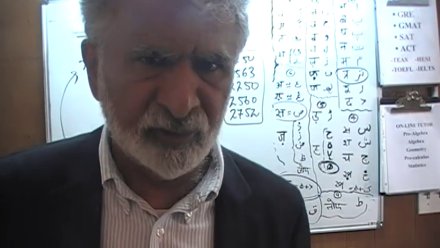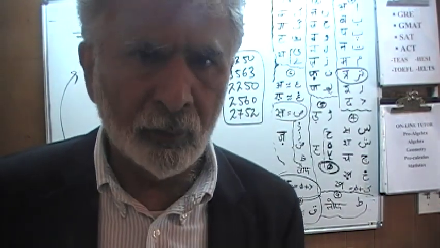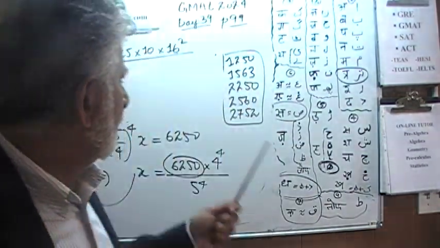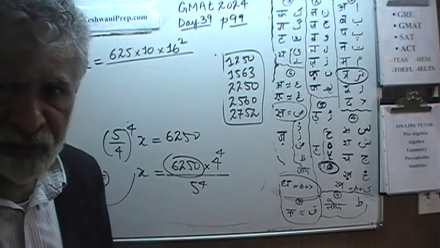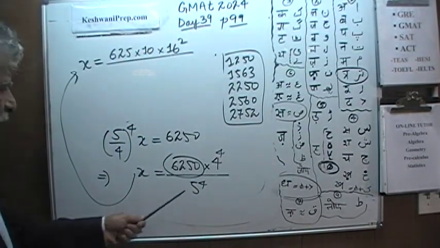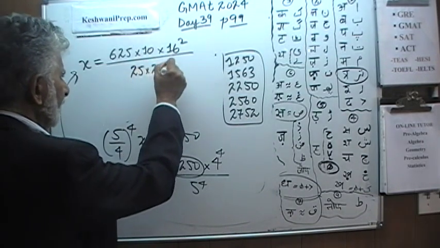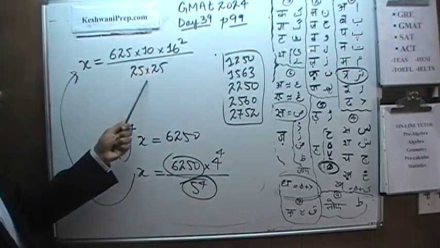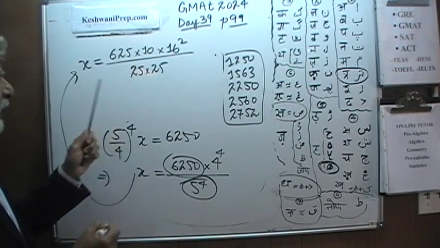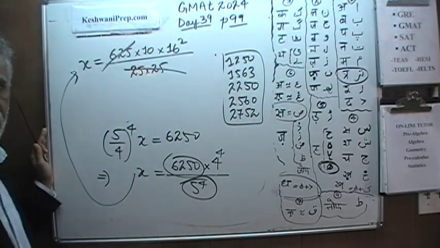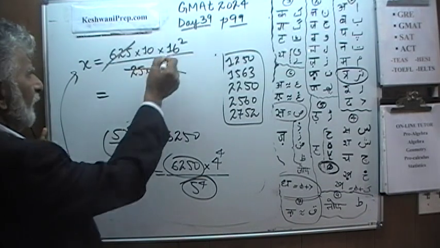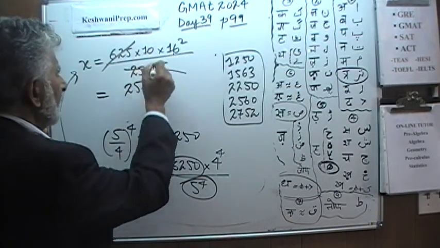I hope you know your squares 1 through 20. 16 squared is 256. I already know that. And at the bottom we have 5 raised to 4, which is simply 25 times 25. I hope you are able to see right away that this quantity goes away. And what we're left with is 256 times 10. There you go.